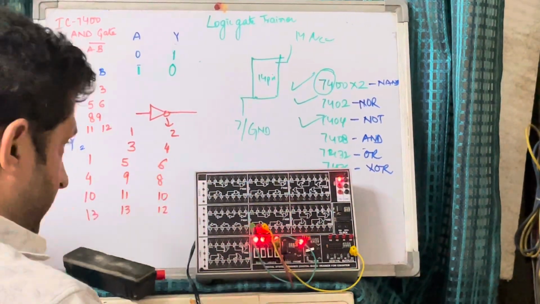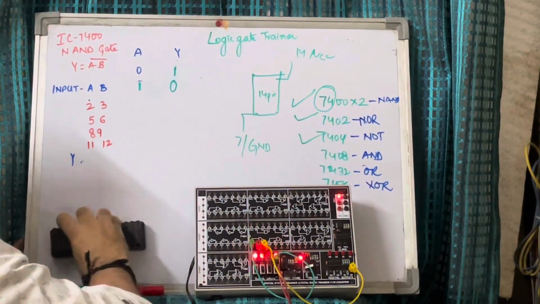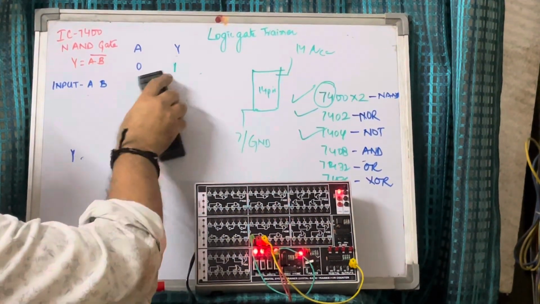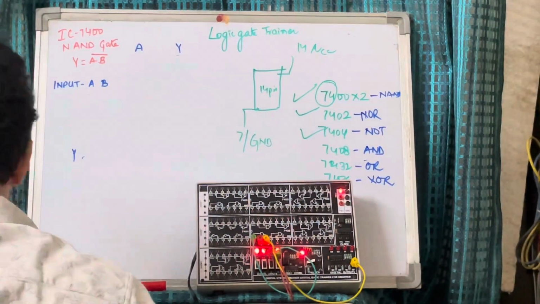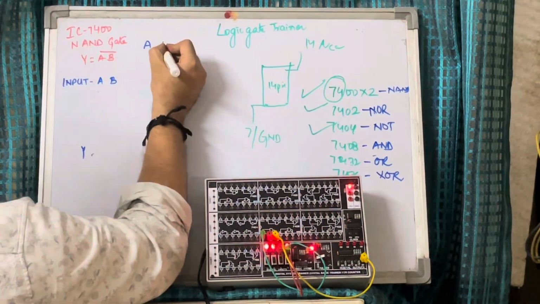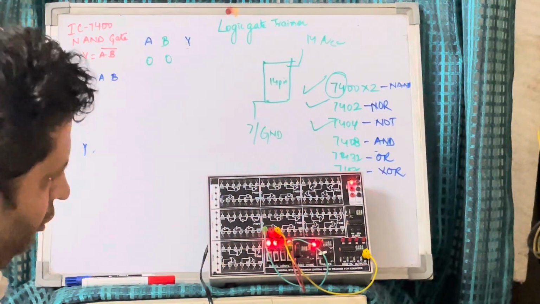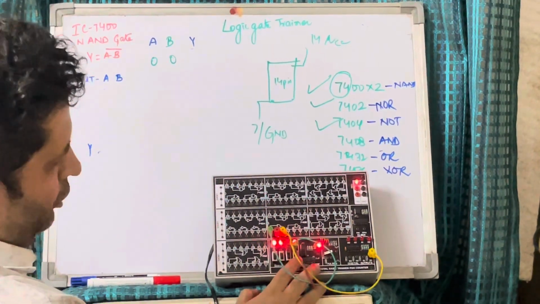Now we will draw the table. First of all we are doing the condition 0, 0. For 0 0 the output is 0.